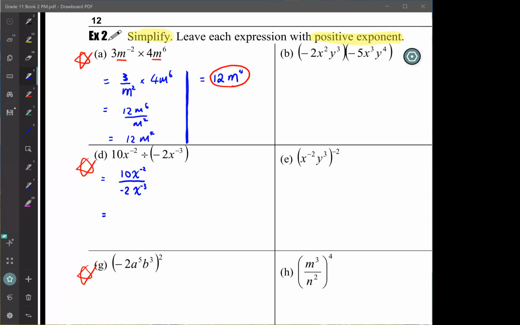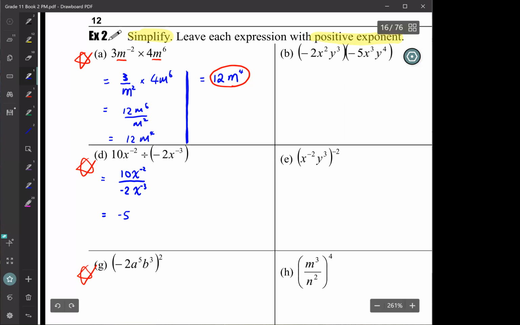Hold on, I got negative 5x. Oh wait, hold on. I got 1/5. But isn't it like -5x minus 5? I don't know. You take the coefficients and divide them first, okay? 10 divided by -2, what's that? -5, okay?